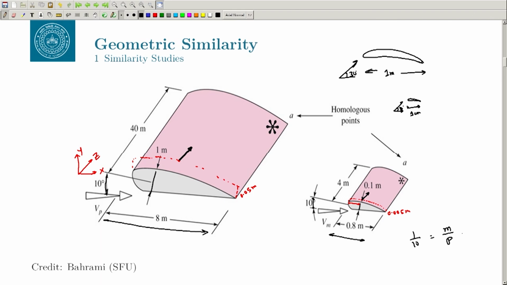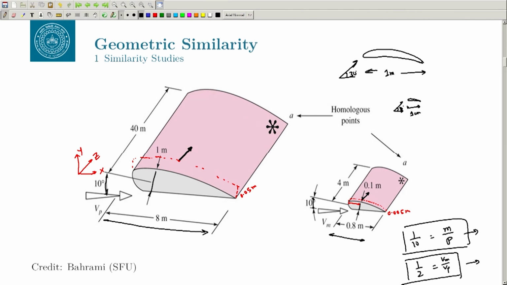But that need not be the factor for the velocity also, it can be 1/3 or one half. So, this is for your geometric similarity. For the kinematic similarity, your velocity ratio, V m by V p, may be 1/2, right, but that will be followed everywhere.